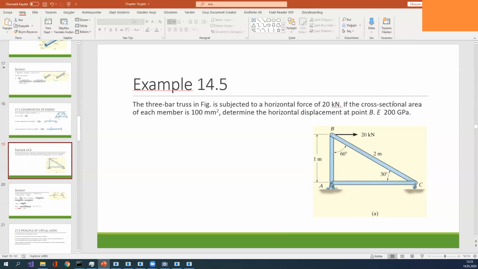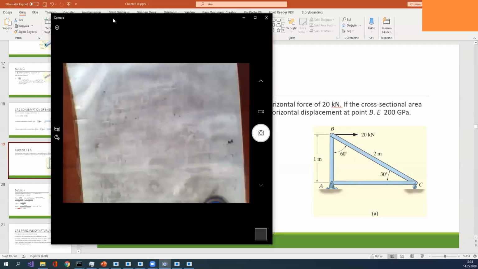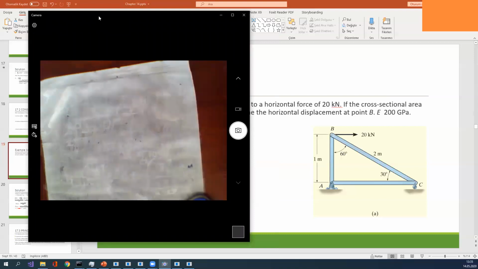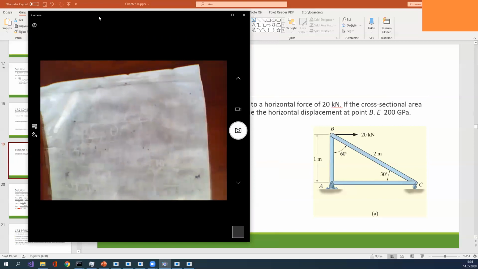Again, I want to work with Newton-millimeter and megapascal terminology. First of all, we need to find the axial forces occurring in the truss members. This is a statically determinate system, so we can use the method of joints, for example. By using the method of joints, we can find all member forces.